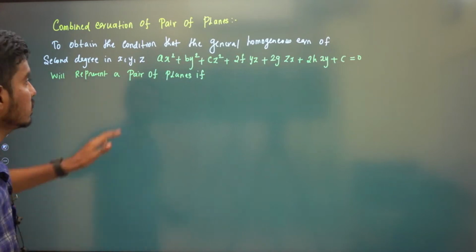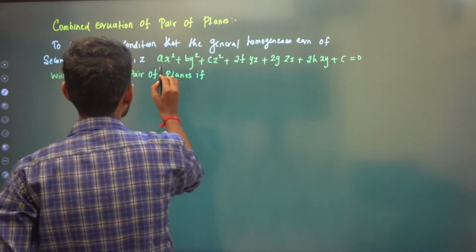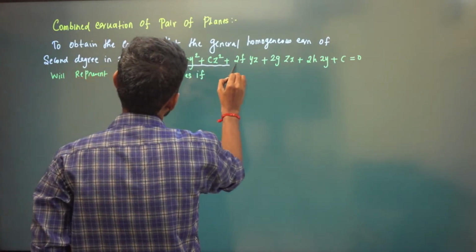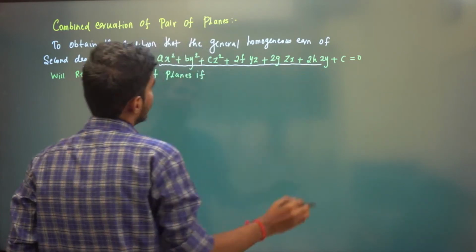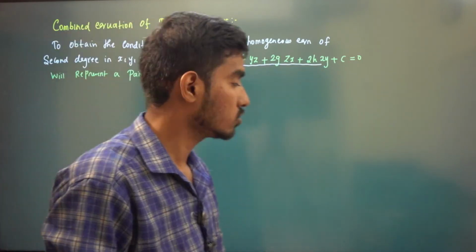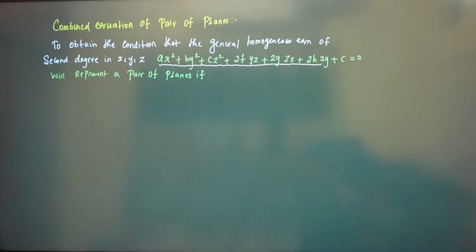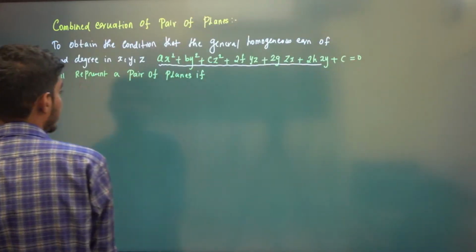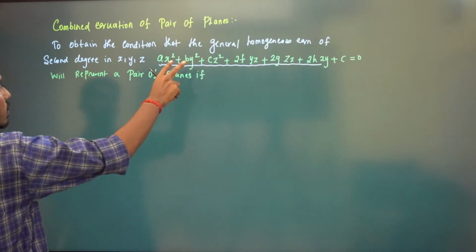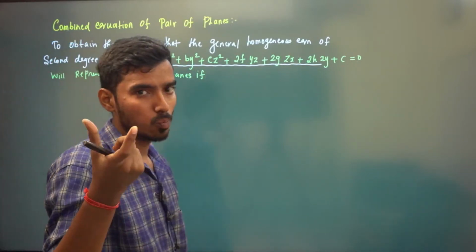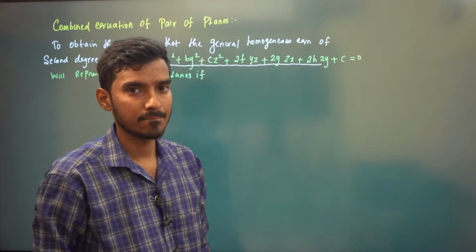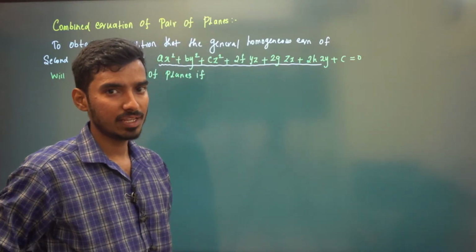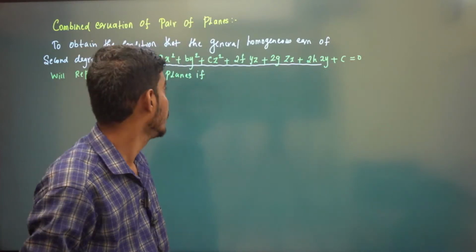See, this is the general homogeneous equation of second degree, right? Ax square plus by square plus cz square plus 2fyz plus 2gzx plus 2hxy is the equation of second degree. Now you can see when you multiply two planes, it will be like this only, right? a1x plus b1y plus c1z plus d1 is one plane.